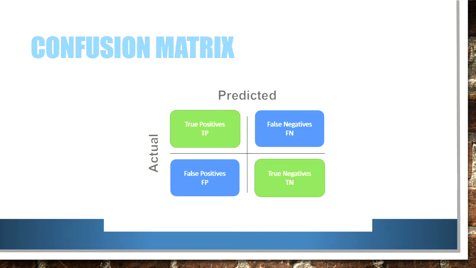All right, what is your false negative? So your image is not a dog, but it identified it as a dog. And your false positive is your image is a dog and your algorithm failed to recognize it as a dog.